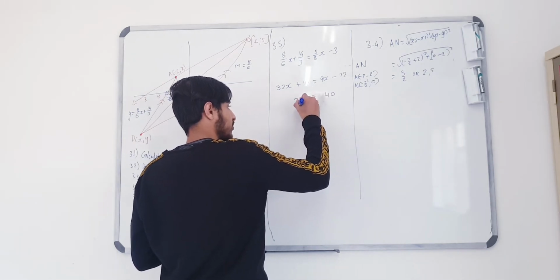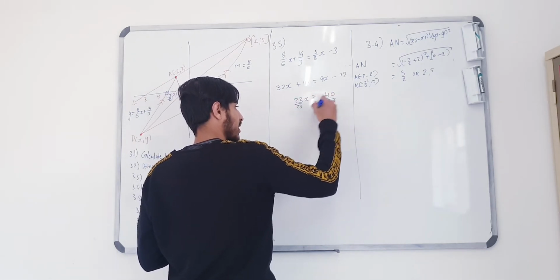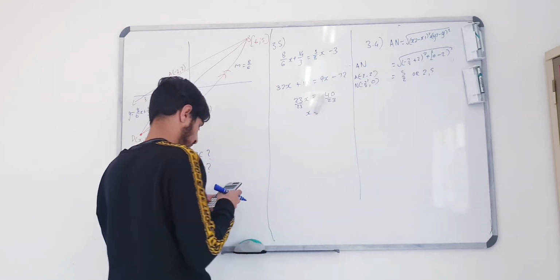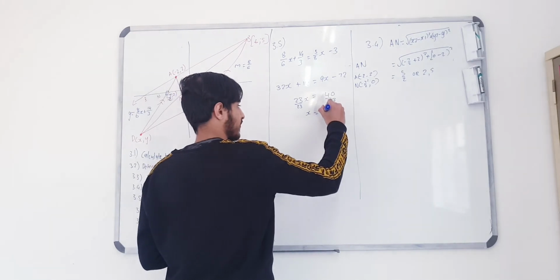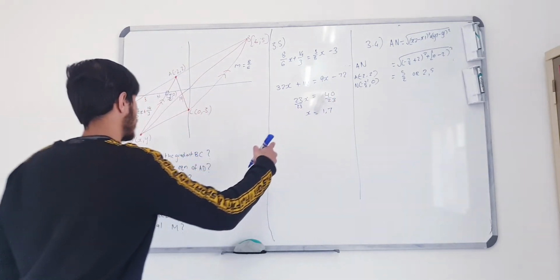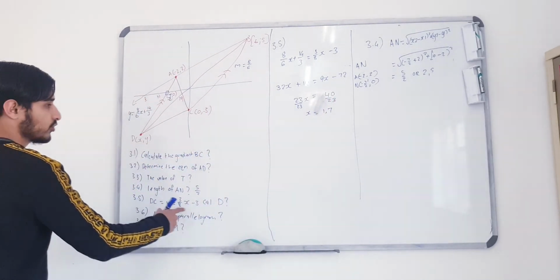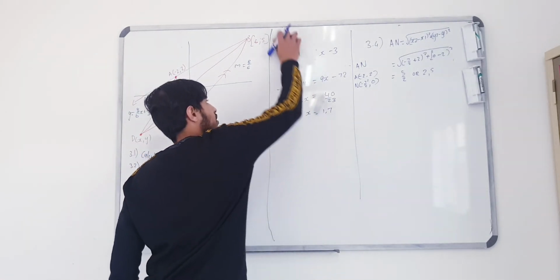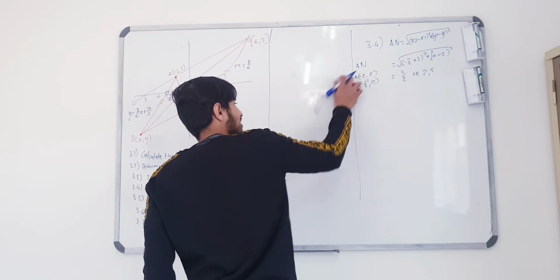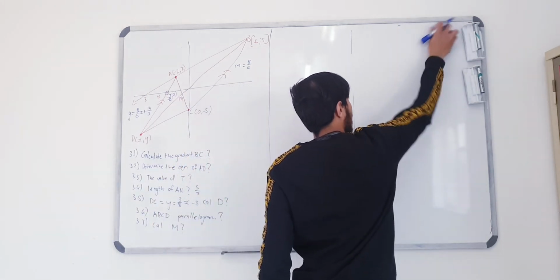That's x divided by 23, divided by 23. X is equal to 40 divided by 23, which is 1.7. Now that you've calculated your x, to determine y all you do is sub it in and you get your y coordinate. Lovely. So now we are done with that one.